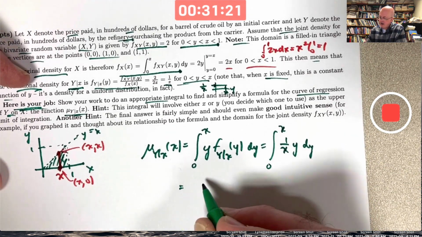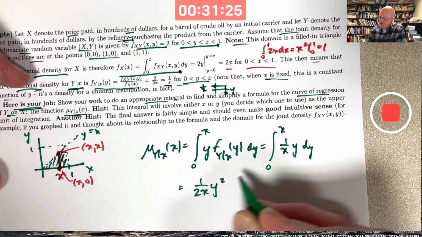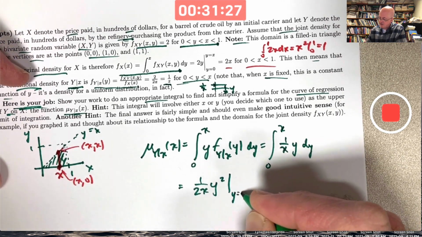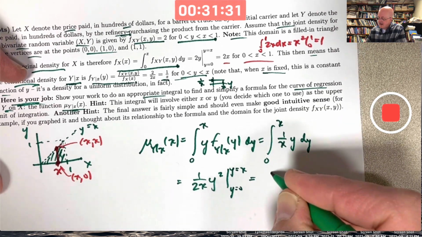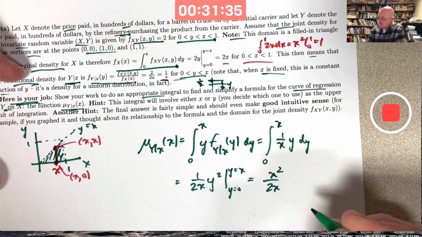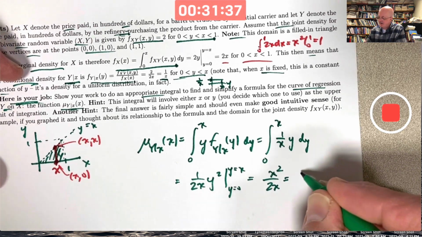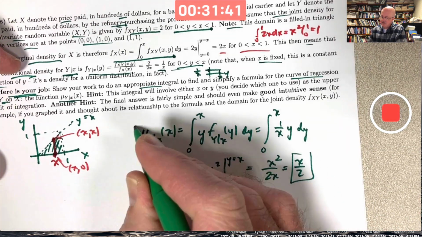Integrate that with respect to y, you'll get 1 over 2x times y squared. Y goes from 0 to x. Plug in y equals x, you'll get x squared over 2x. Plug in y equals 0, you get 0. And this simplifies to x over 2. And that is the final answer for this mean.